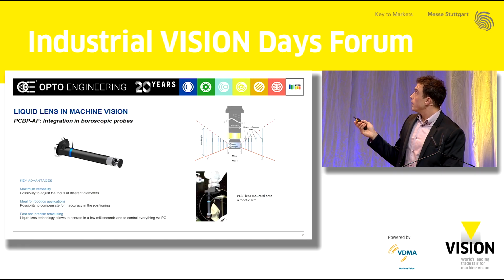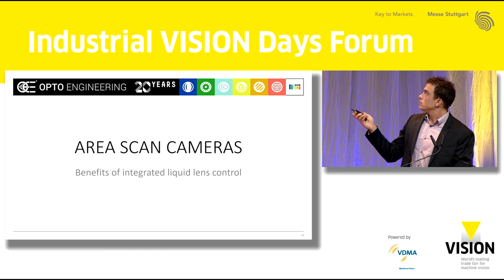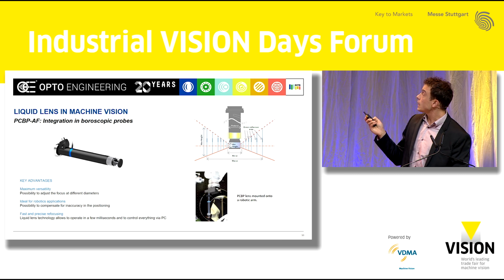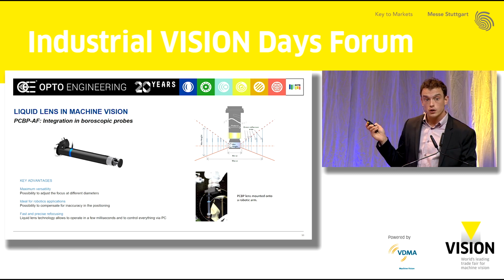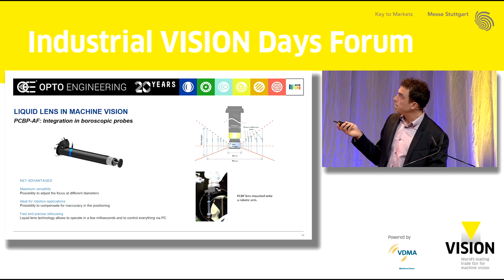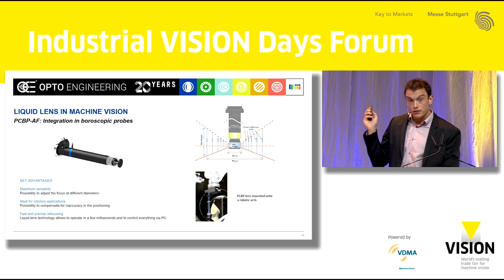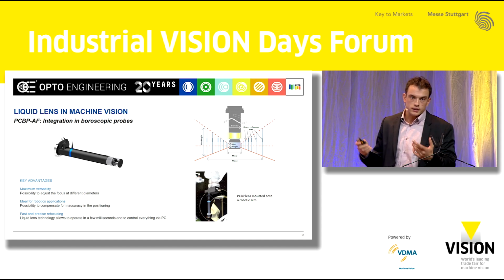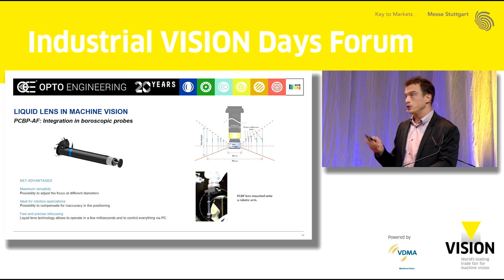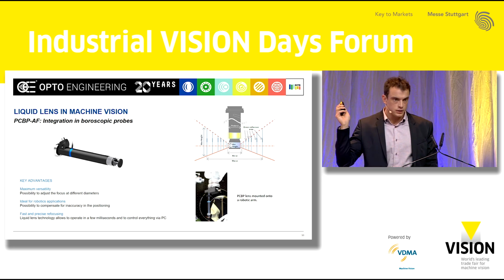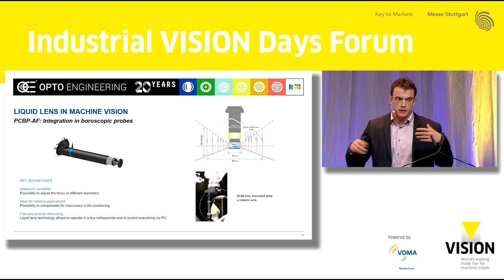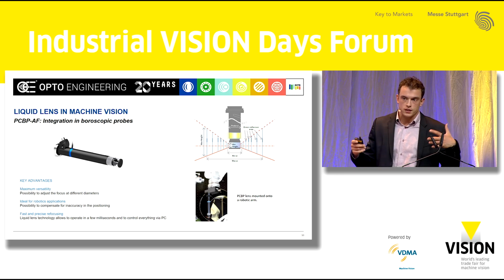And thanks to the liquid lens, you can change the focus of the optics, and this allows you to inspect different diameters, keeping everything in focus. Again, this is extremely useful, for example, when you are mounting this type of optics on robotic arms to inspect different holes of different sizes.